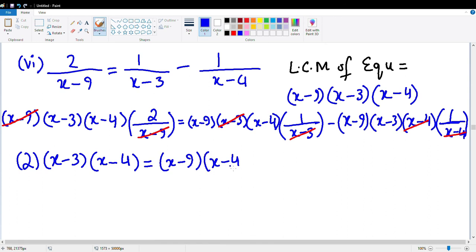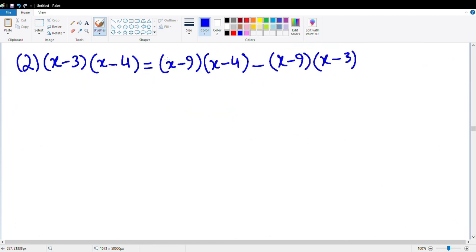I'm not going to write the 1 because when we multiply something with 1, we get the same result, so you can think about it as already multiplied. Then we're going to get x minus 9 into x minus 3. So that's what we have.